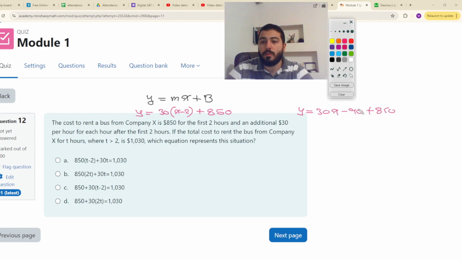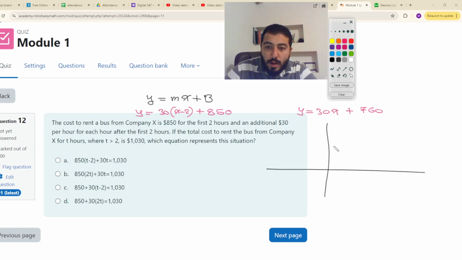So 850 minus 90 is positive 760. This will be the actual initial value for the line. If you want to graph it, it will start from 760 with slope equal to 30, so in each 1 hour, we move up 30.